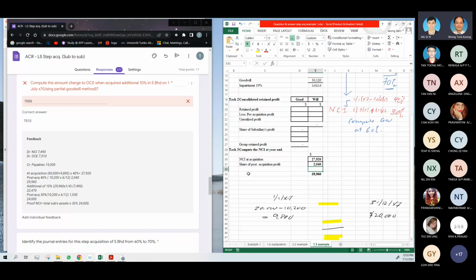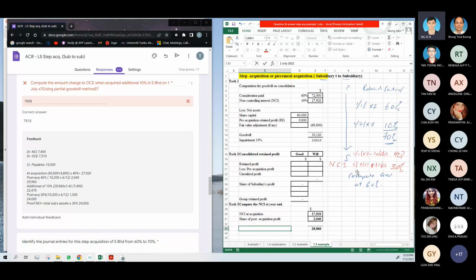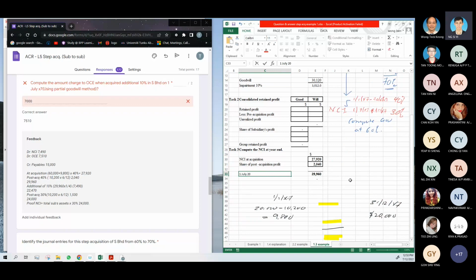So until 1st July, the NCI is 40%. For the 10%, how much? We use the same formula.